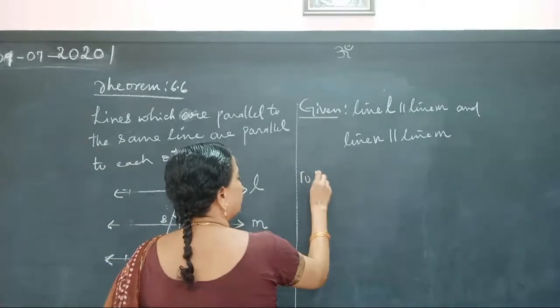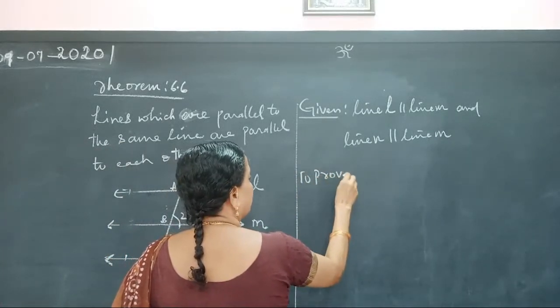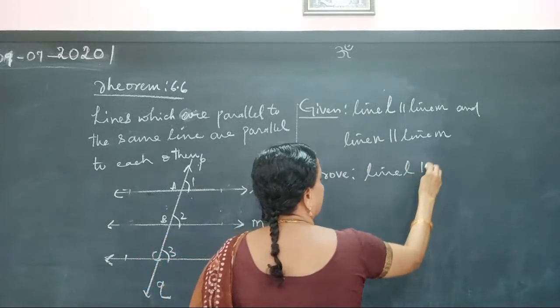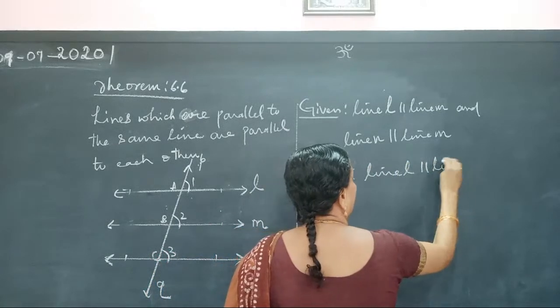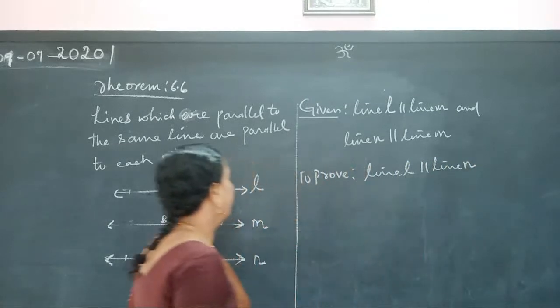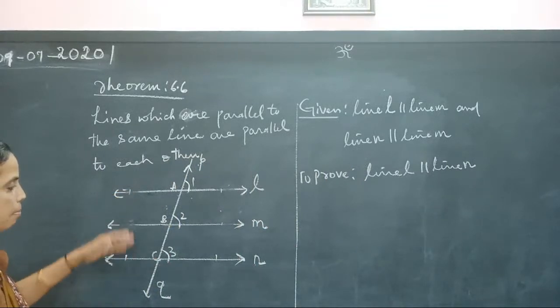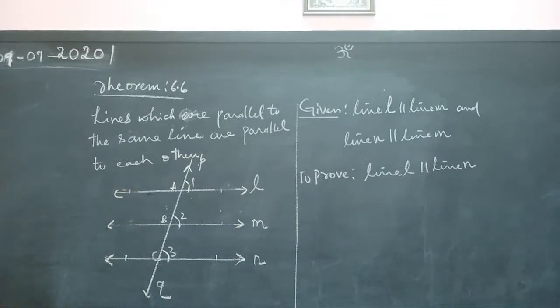To prove: line L is parallel to line N. We have to prove these two are parallel. When they are parallel to the same line, they are parallel to each other. Okay?